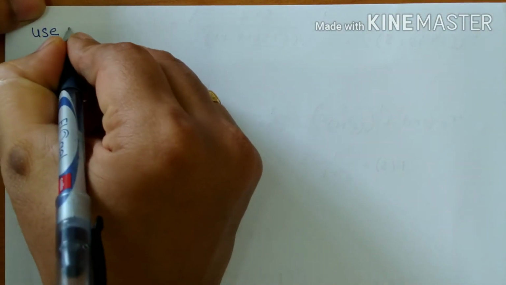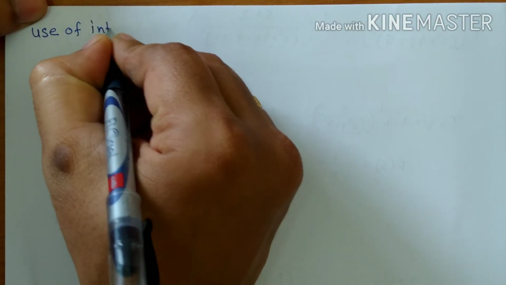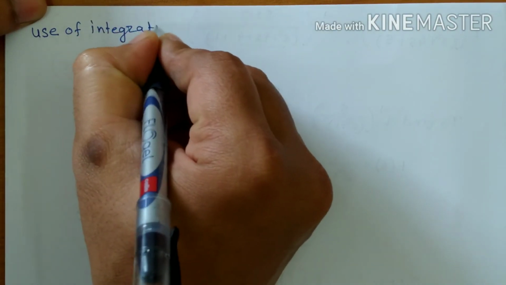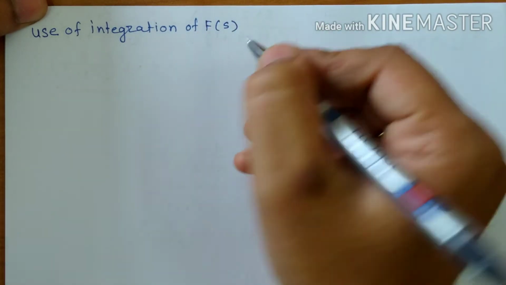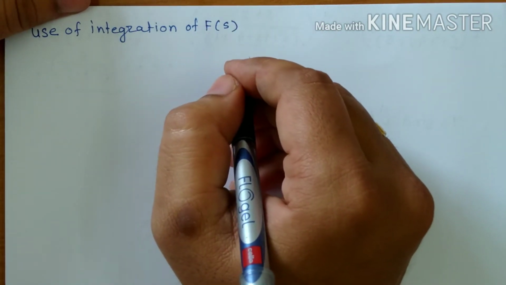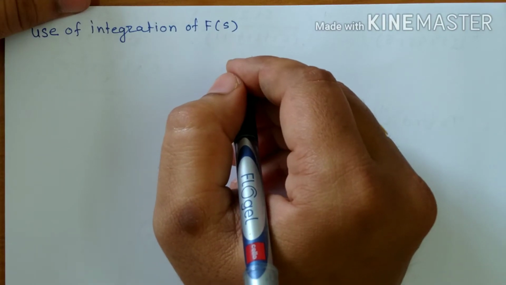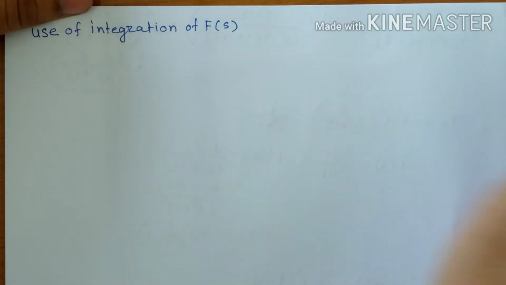Use of integration of F of s. Okay, that is, we can say that division by s. Let's begin with the statement of the property.